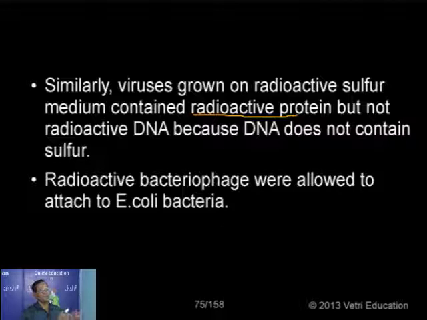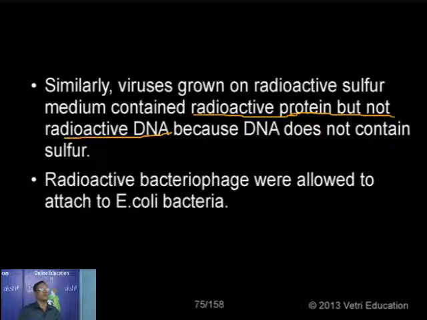The protein became radioactive, but not the DNA, because sulfur was absent in DNA. So they have radioactive protein but not radioactive DNA, because DNA does not contain sulfur. And now what do we have? We have two sets of viruses.